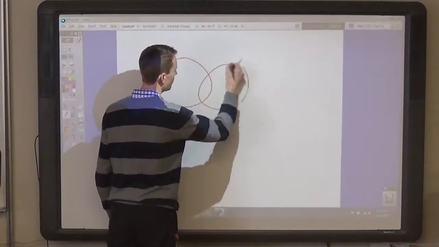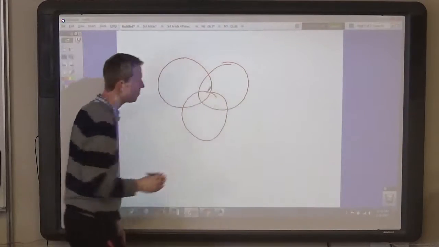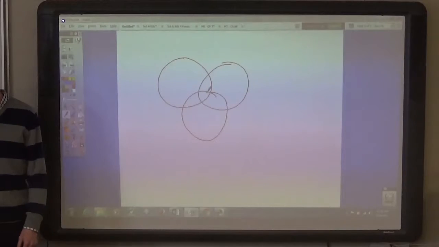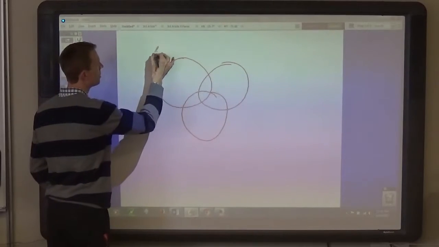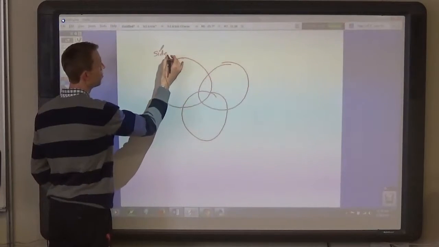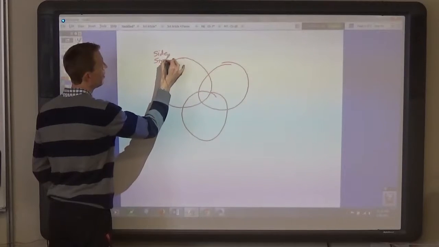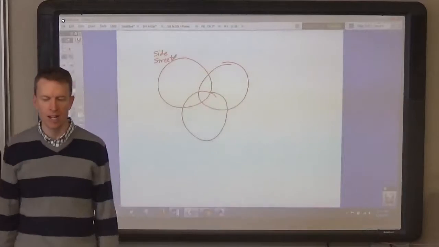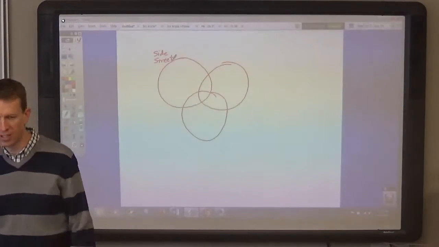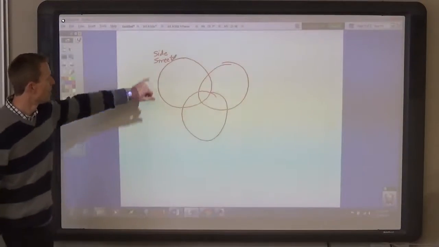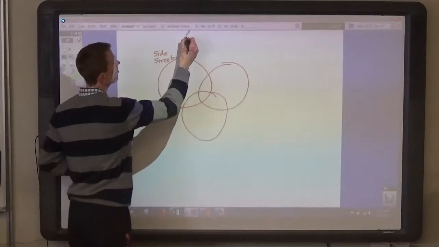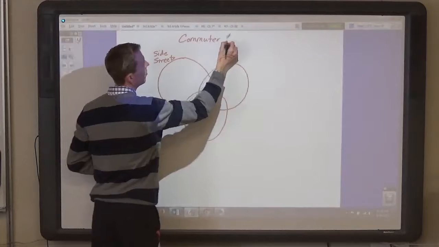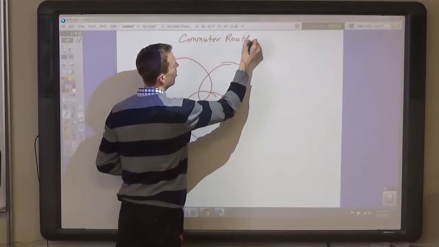You can have more than 2 circles. Some use side streets to get to work. This is part of your assignment. Page 214. Commuter routes.